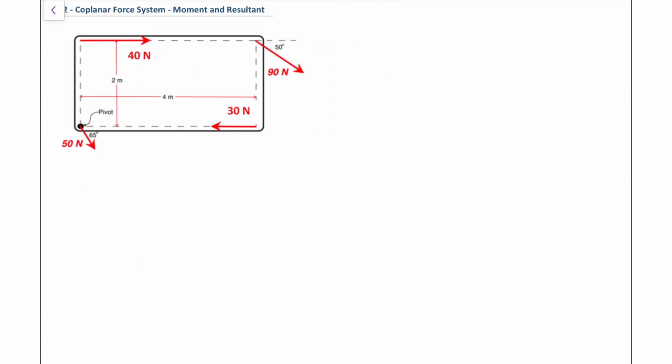I'm going to start the calculations by just simply labeling my forces, just so that I'm quite clear as to what I'm doing. I'm going to use F1 as the 50 newtons, and it's at an angle. On the diagram there, you can see the angle as 65 degrees, which I've just highlighted in yellow.